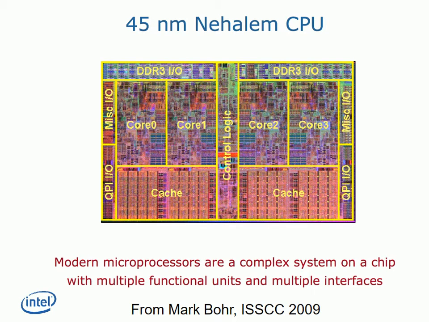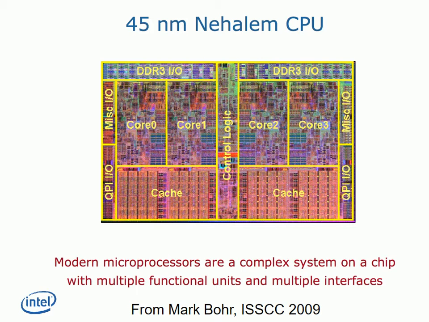And this is an image of a CPU from 2009, 45 nanometer process, the class of Intel microprocessors that is called Nehalem. I want just to mention that basically a single chip is not really just a microprocessor.